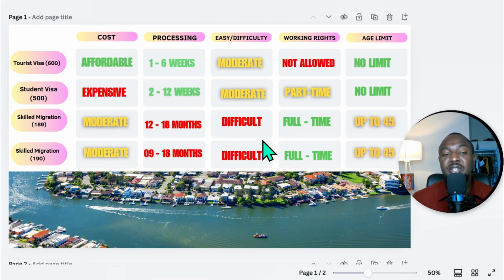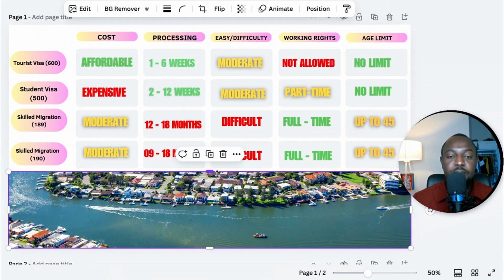But the only advantage of 190 over 189 is that with 190 you get an extra 5 points once you express your interest. So this makes it a bit easier compared to the 189, but again, it's not that easy. Working rights, you come here, you work full time. Again, there's an age limit. You need to be 45 or below to get the grant for this visa.